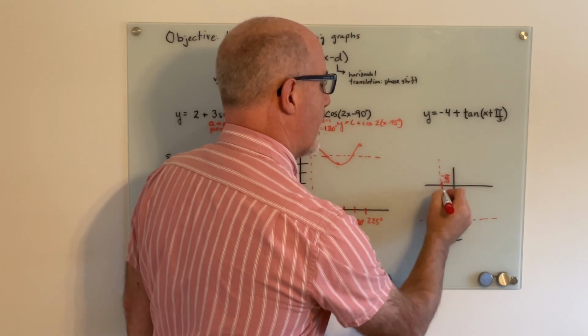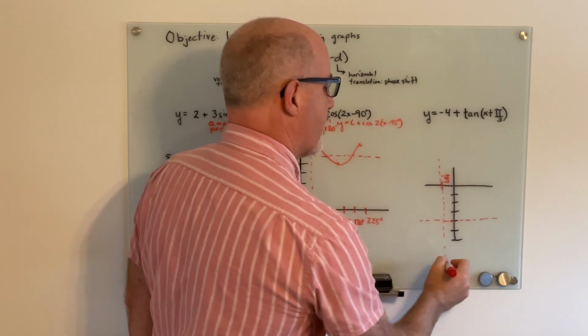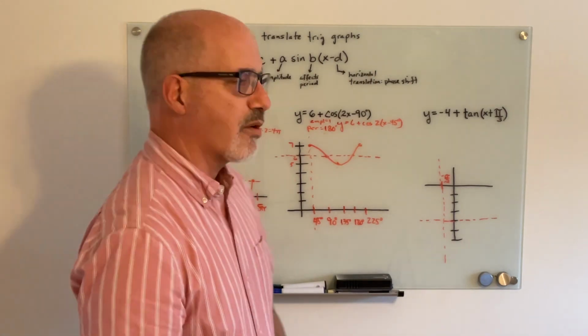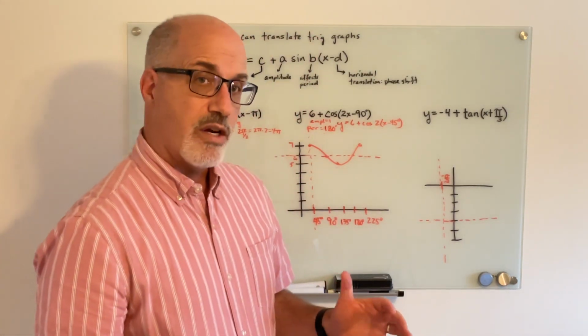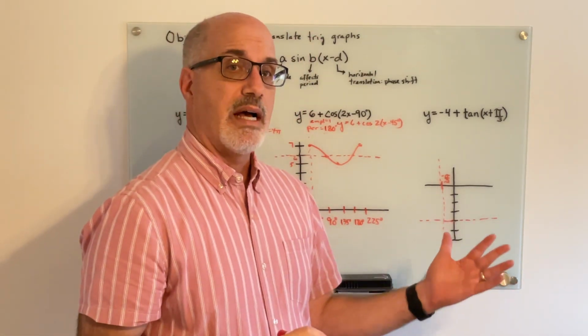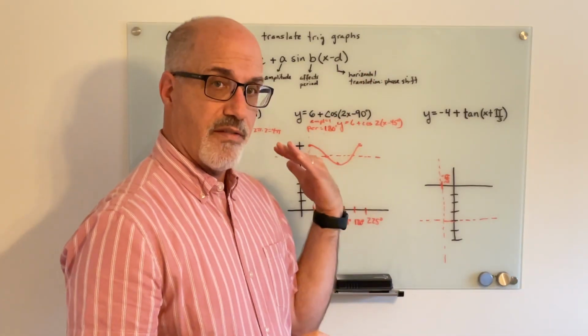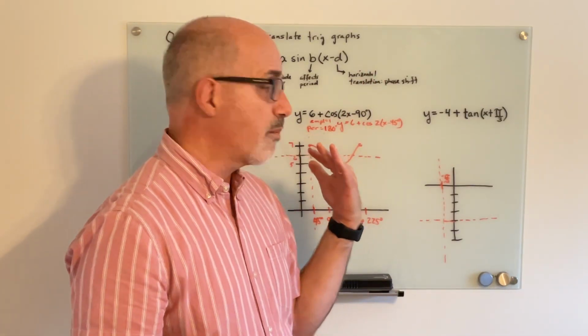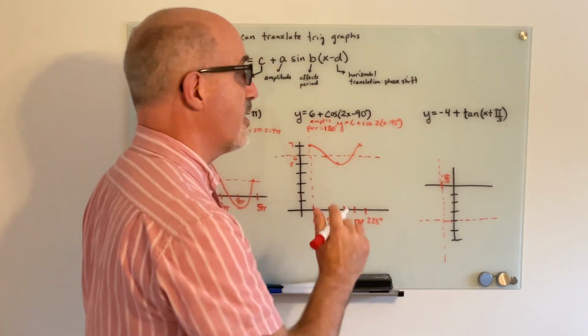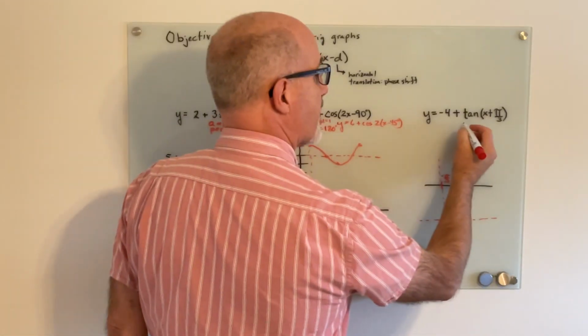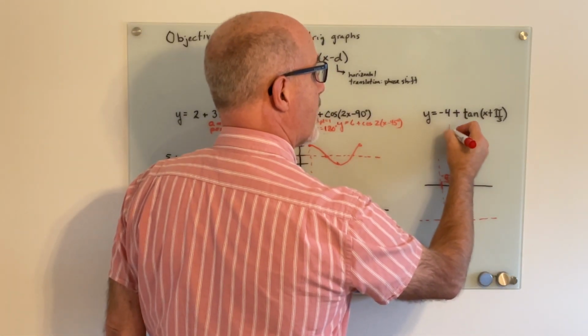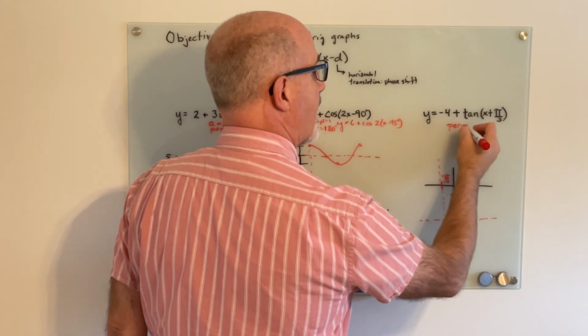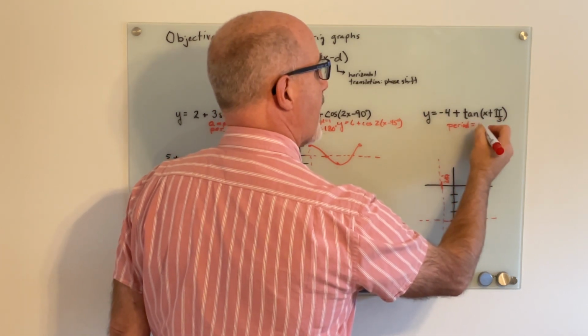Let's just do a new axis there. So this is kind of where the middle of the graph is. Now, if you recall, tangent has one asymptote to the left of the starting point and one to the right. My period has not changed, so it's still going to be pi.